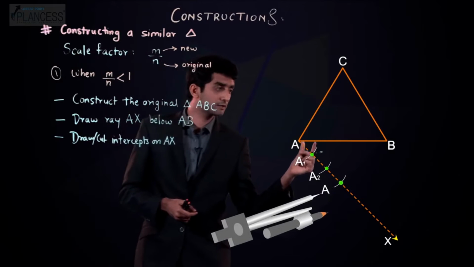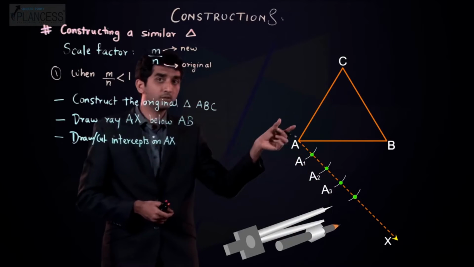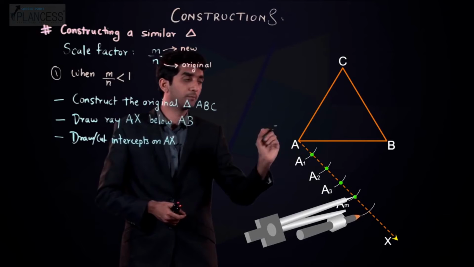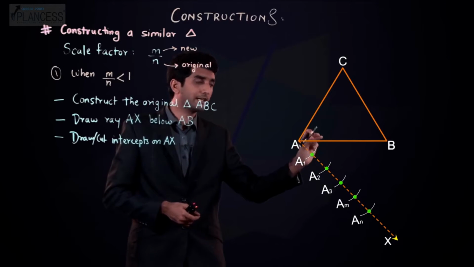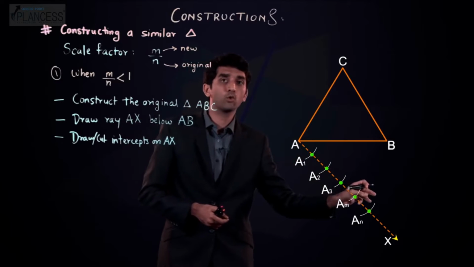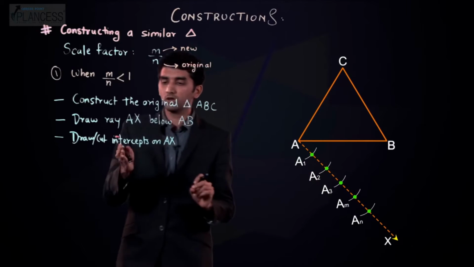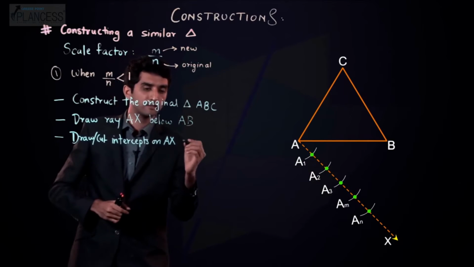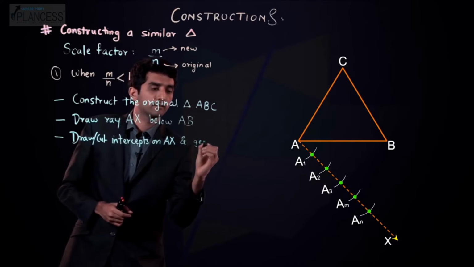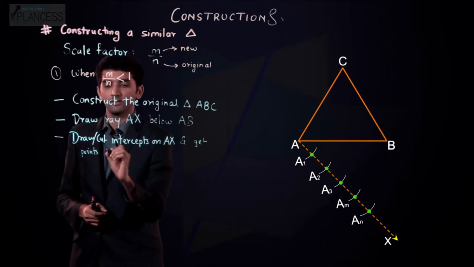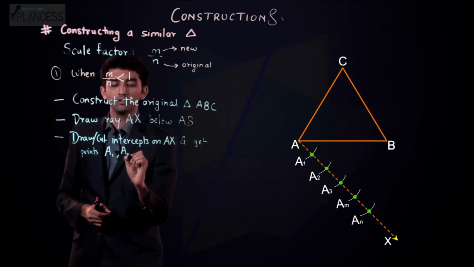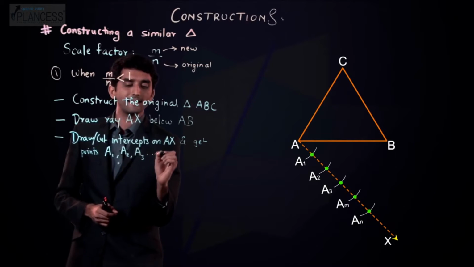Again we have to take a small length on the compass, keep the pointed edge on A, cut a particular point, keeping the same length on A1, pointed edge, then A2, then A3. We have to go on till AN. So draw cut intercepts on AX and get points A1, A2, A3 till AN.